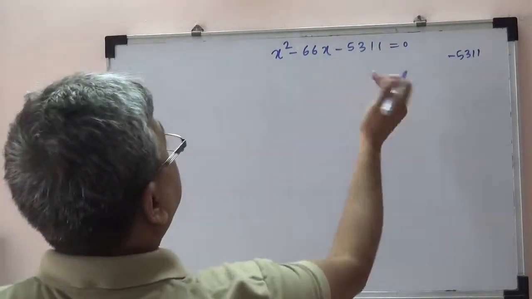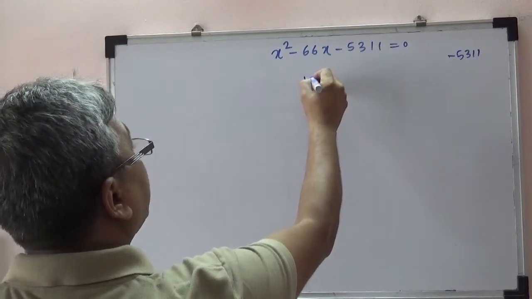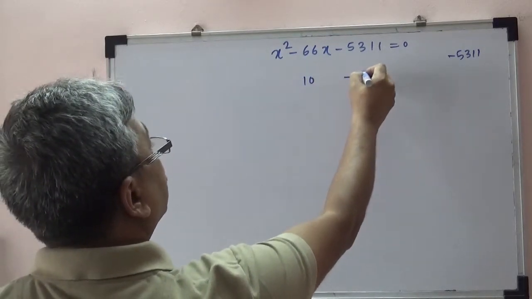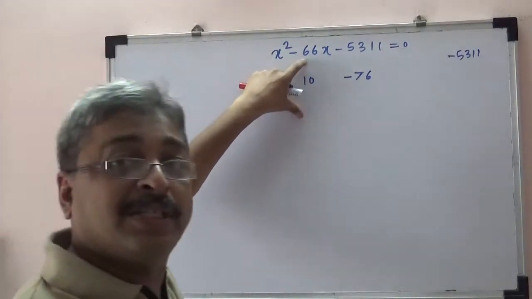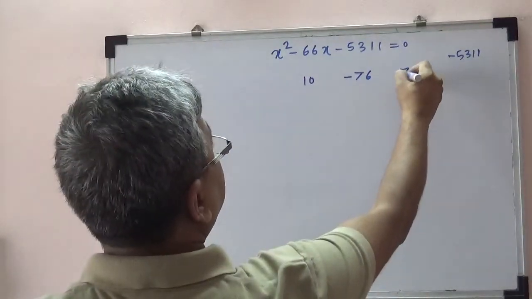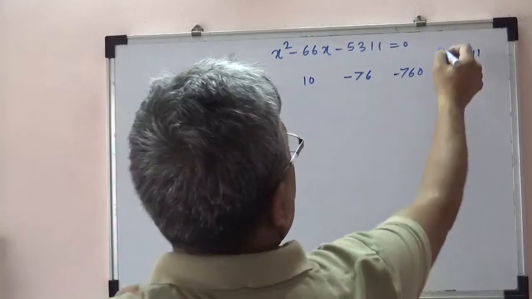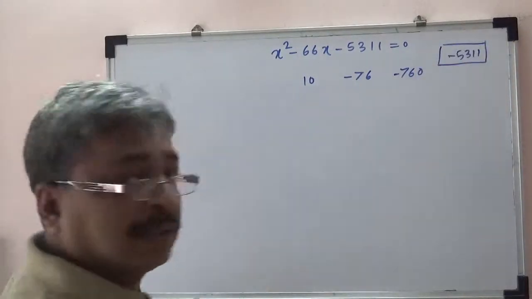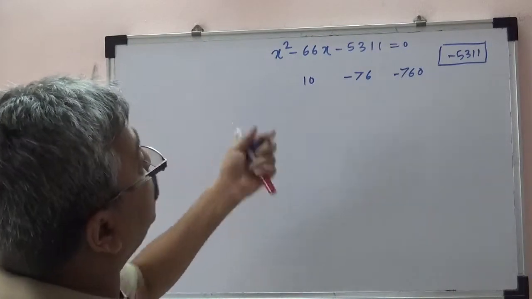So let me check with my first guess. Suppose I take first number as 10 and second number as minus 76. I maintain this difference, minus 66. So if I observe the product of this, it is 760 negative, which is much less compared to 5311. So my guess is on the lower side, so I need to improve.